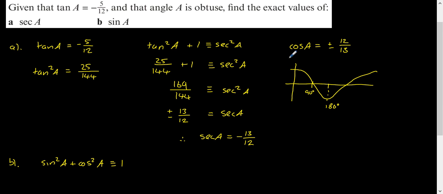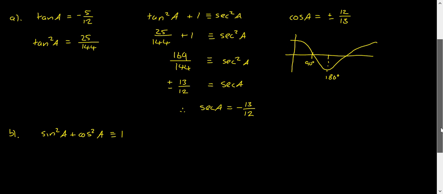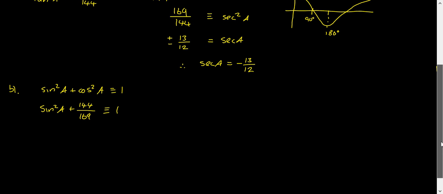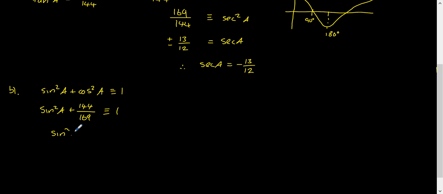Cos A is plus or minus 12 over 13, so we've got sine squared A plus cos squared, so the square of 12 over 13 is 144 over 169. Okay, just square the top and square the bottom of 12 over 13. So sine squared A is 1 minus this, and so we get 25 over 169. And so sine A is going to be plus or minus 5 over 13.